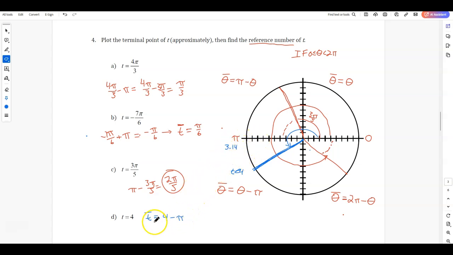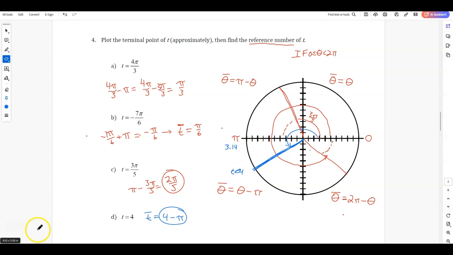So depending on if you want exact values or calculator estimates, it's up to you. We'll just leave it exact for this one. So even though that's a weird number, that is actually the exact reference angle for that t equals 4, or theta equals 4, if you want to do it that way.